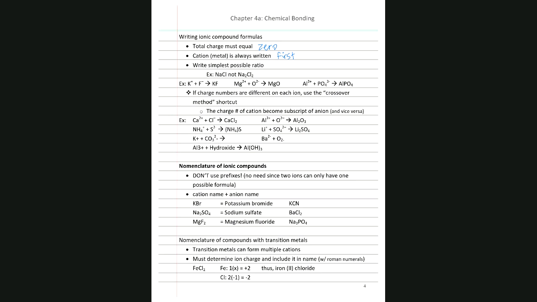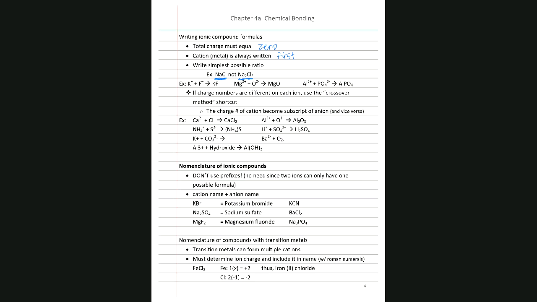So for example, NaCl is the correct formula. It would be improper though to write Na2Cl2, even though that would have the same ratio of sodium to chlorine. It's not the empirical formula essentially. So you always want to write the simplest empirical formula for an ionic compound.